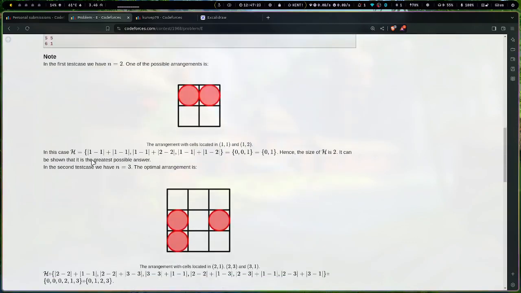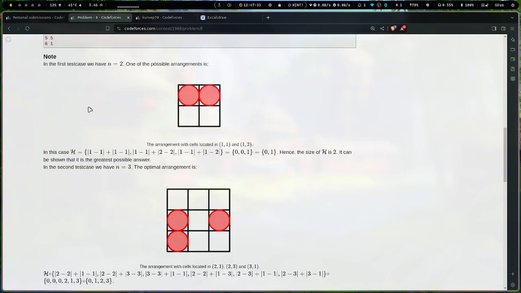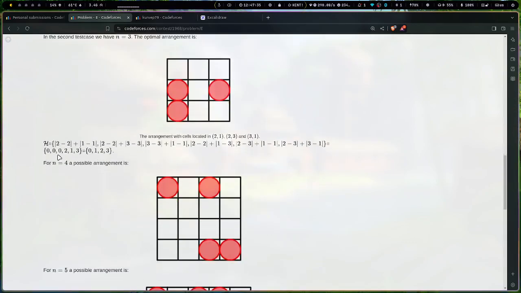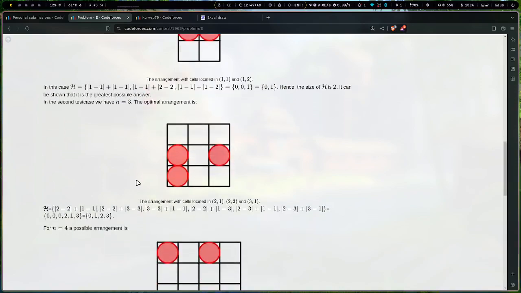Here is the explanation of Manhattan distance. We take the Manhattan distance of this: 2 minus 2, 1 minus 1, 3 minus 3 plus 1 minus 1.